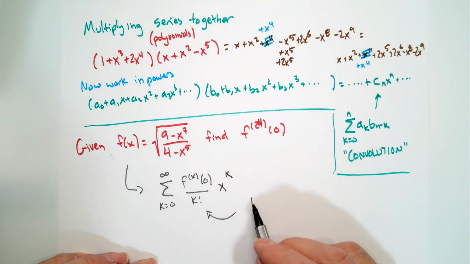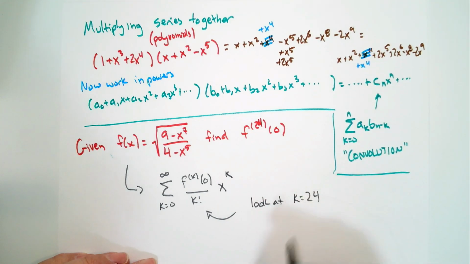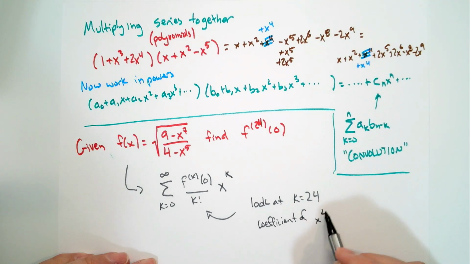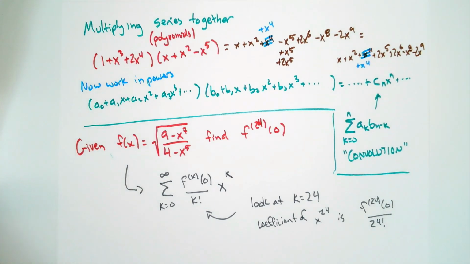So if we look at the term k equals 24, then the coefficient of x to the 24th is indeed the 24th derivative evaluated at 0 divided by 24 factorial.